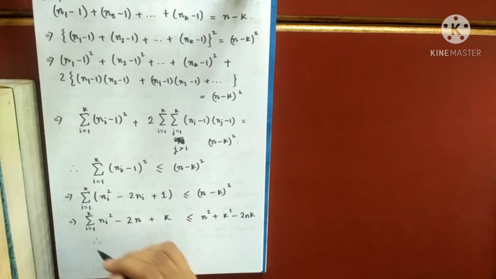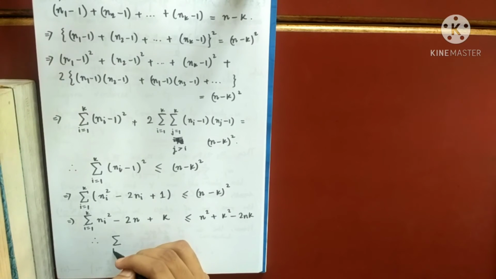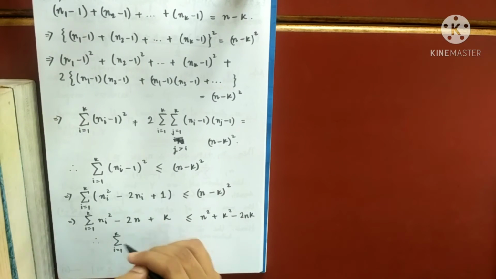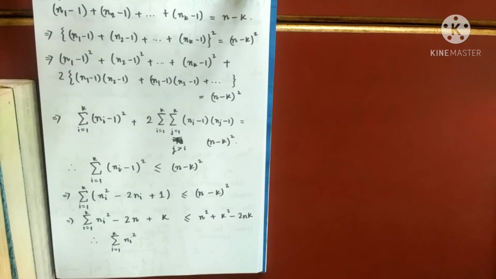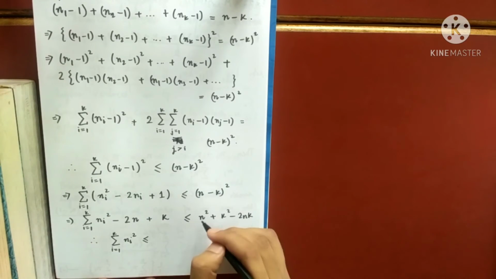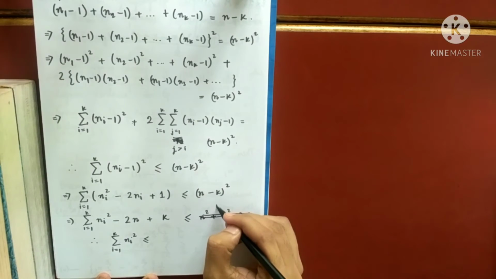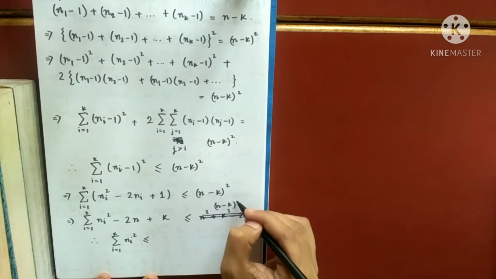So see, from here I have got the estimate for ni square. So what is summation ni square? As you can see, this is less or equal to, no, I should have kept it like this only. No need to open this, keep as it is, (n minus k) whole square.